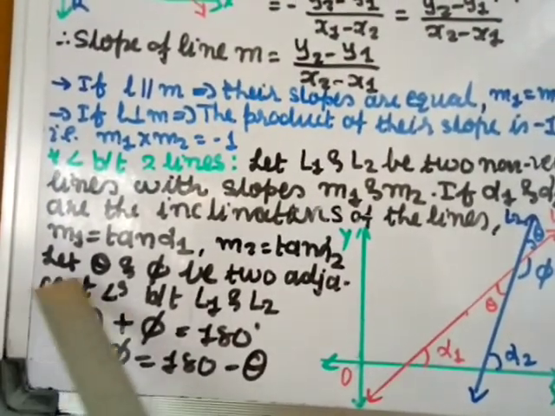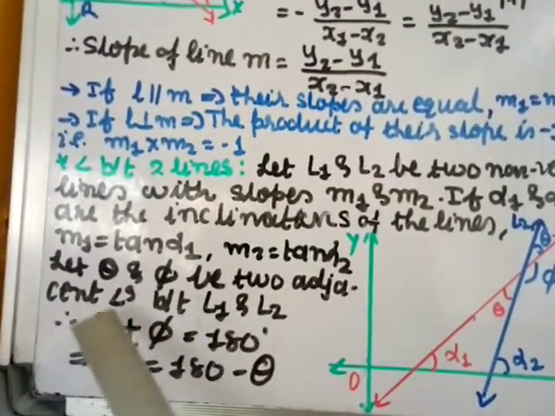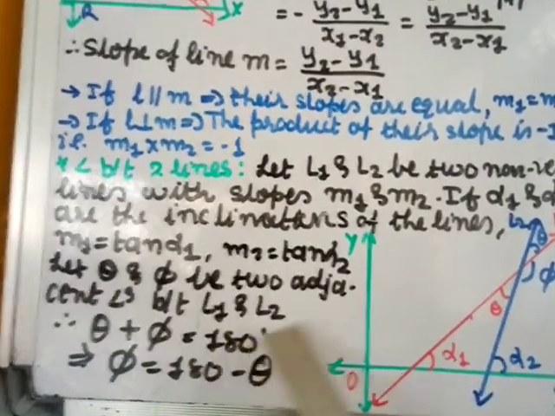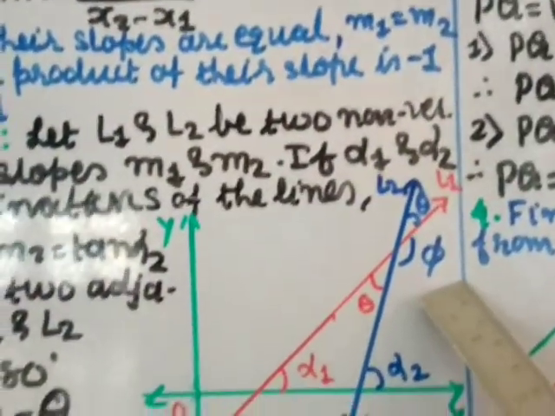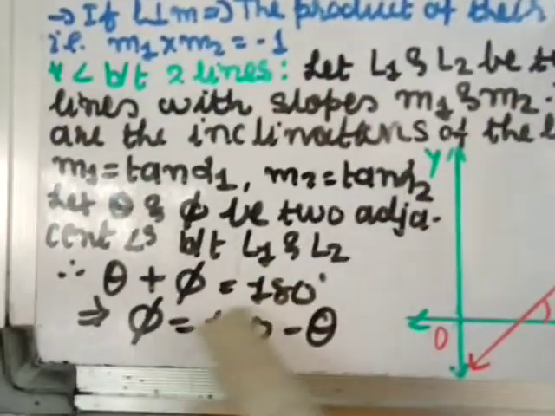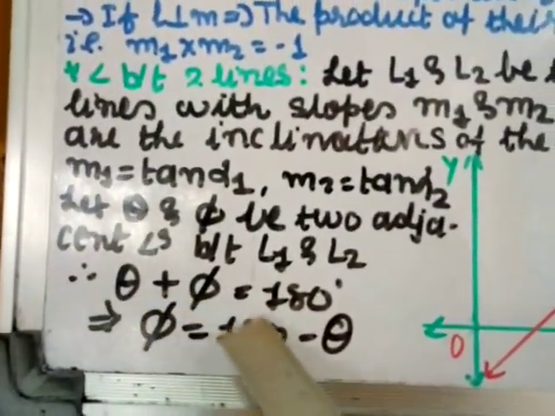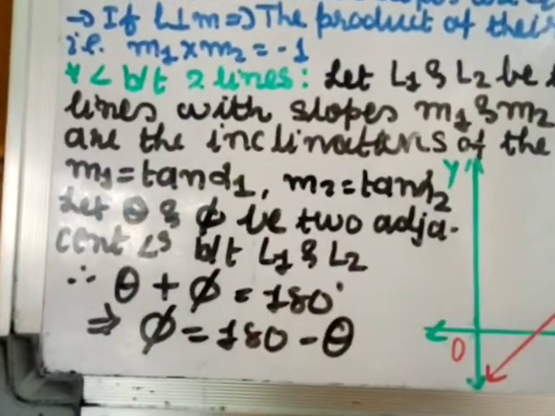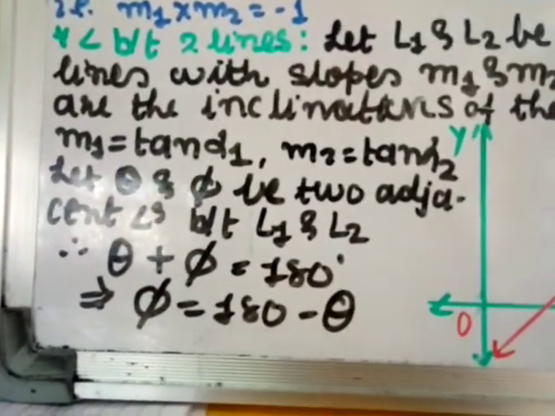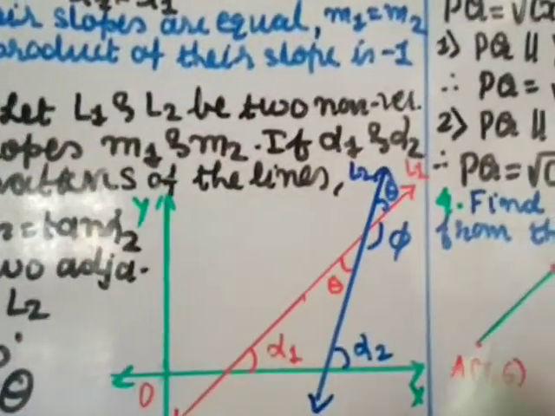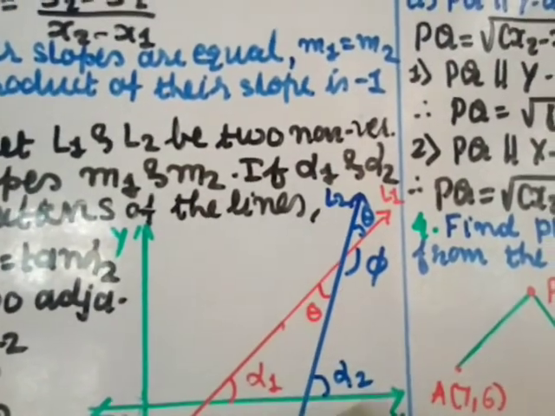Let theta and phi be two adjacent angles between L1 and L2. Since they are adjacent, their sum will be 180. So theta plus phi equal to 180. If you transfer theta over here, you get phi equal to 180 minus theta. Now in this figure, you can see that this is a triangle, right?